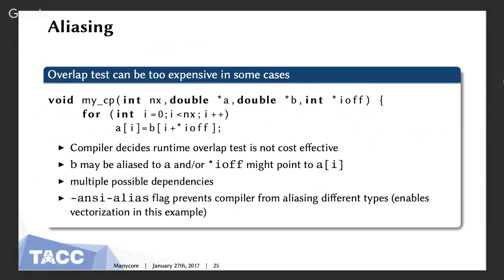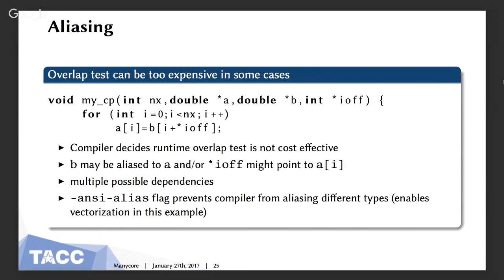Now, that's great that the compiler does that for us. It does actually introduce some overhead when it does that, which can impact your performance. Additionally, if the overlap test that it would have to perform becomes too expensive, it has some heuristic in there that determines the cost of performing these tests and the benefits it would get out of the possible vectorization.